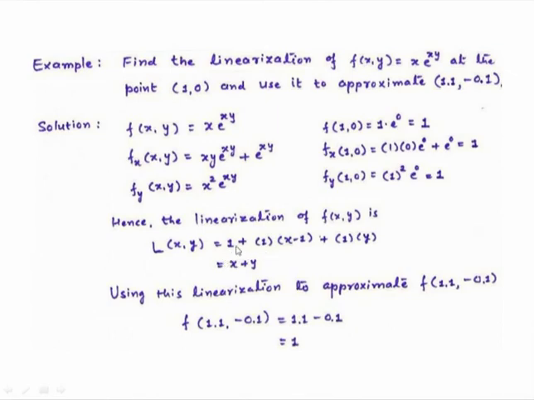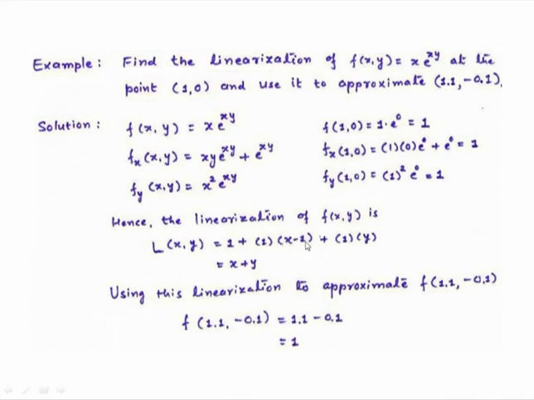f of x0, y0, which is f of (1, 0), so 1, plus (x minus x0), so x minus 1, times the value of fx at this point, which is 1.